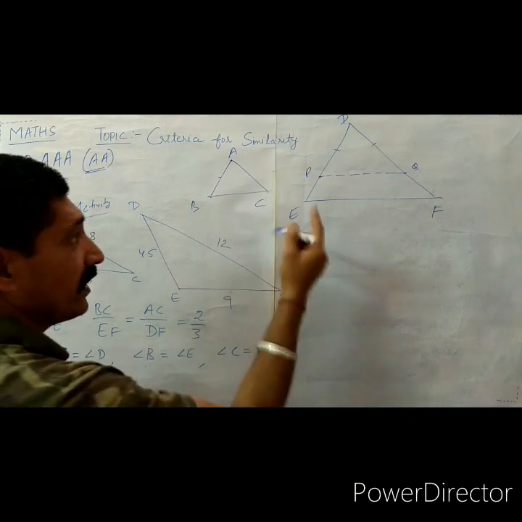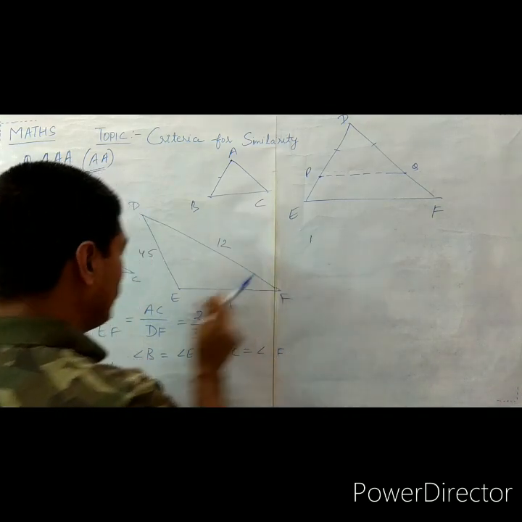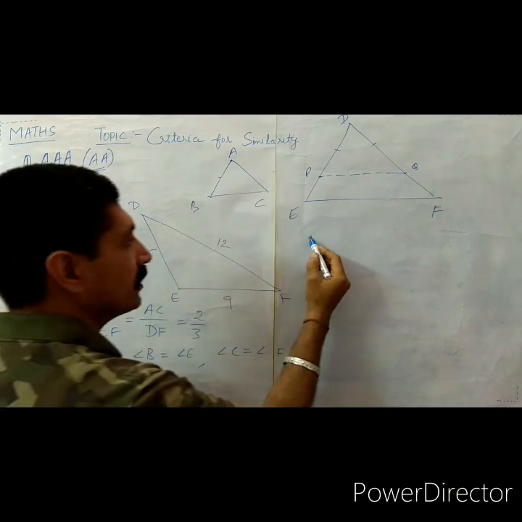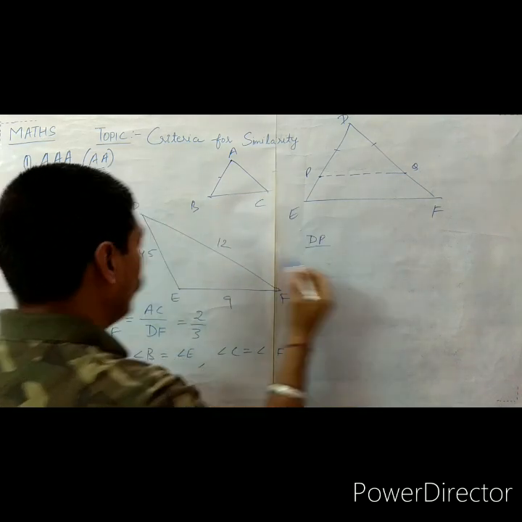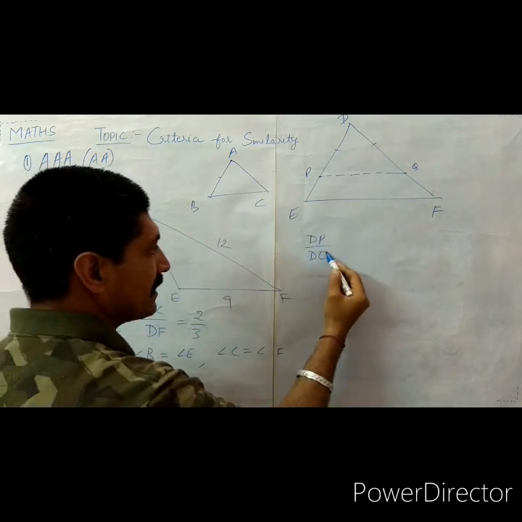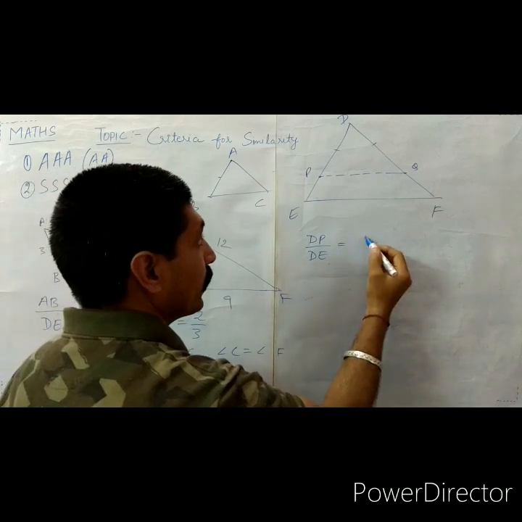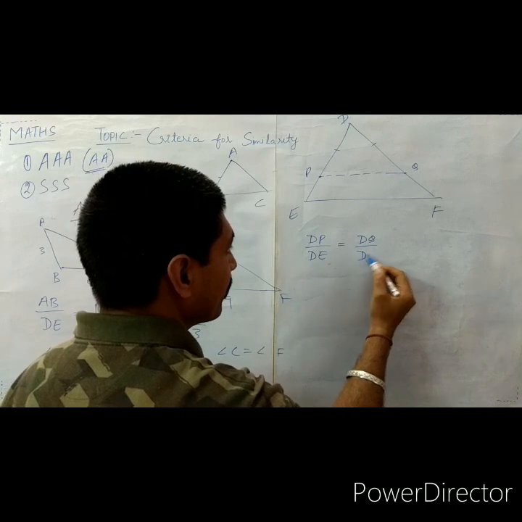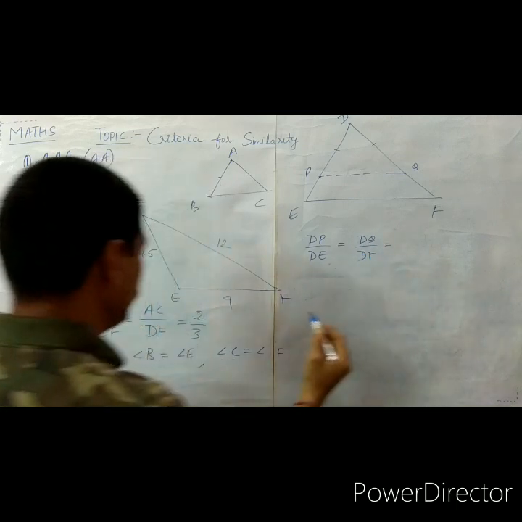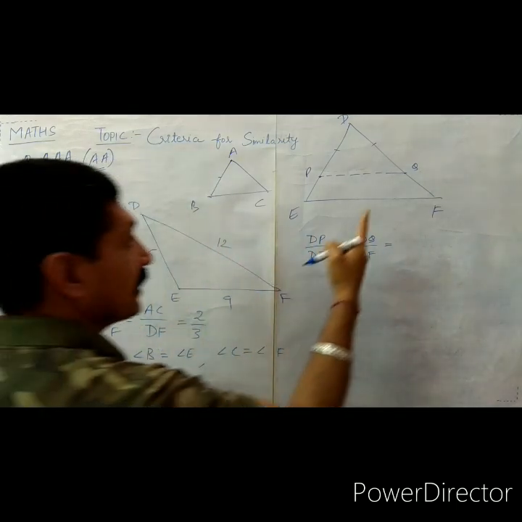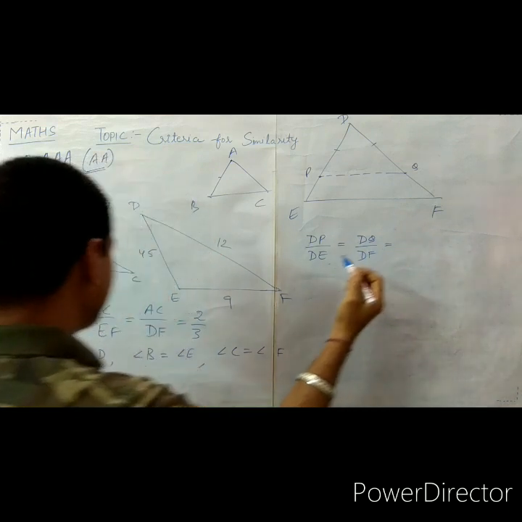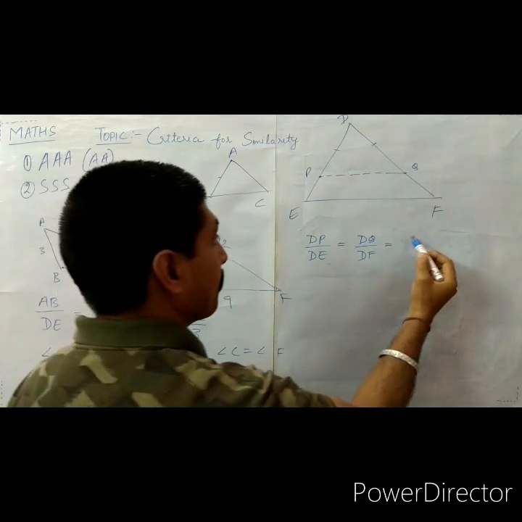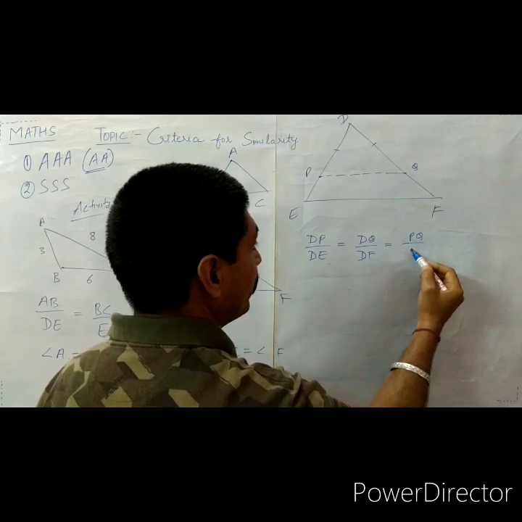So here we can write that in place of AB we can put DP, so DP upon DE is equal to DQ upon DF is equal to the third side, PQ upon EF.